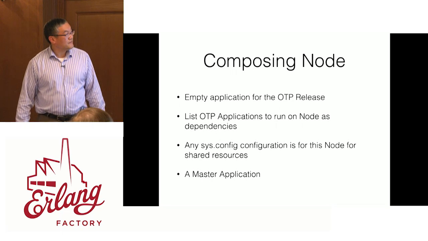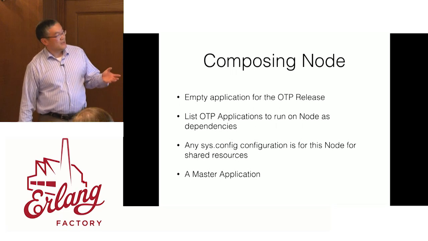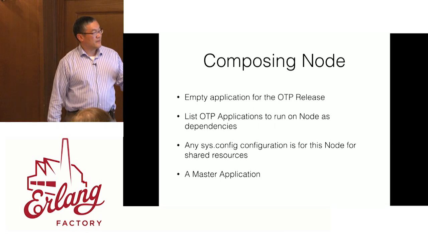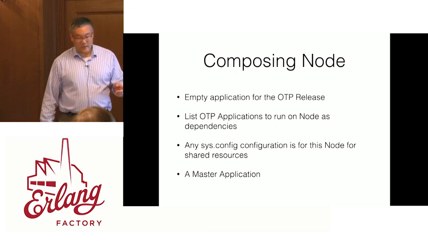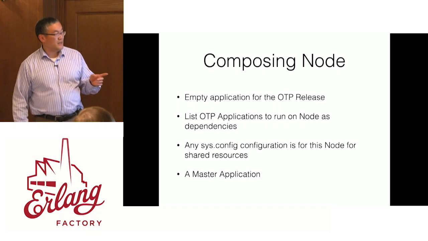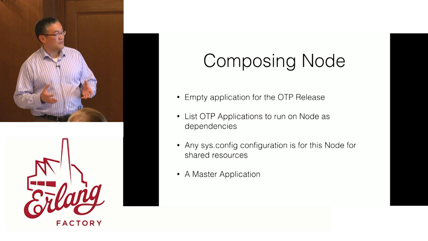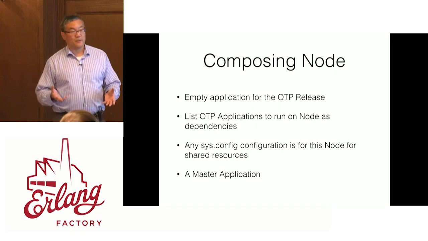All right. Now the interesting part is in the repository for the node. Here, what I did was create essentially an empty application in that repository, and then build a release around it, right?